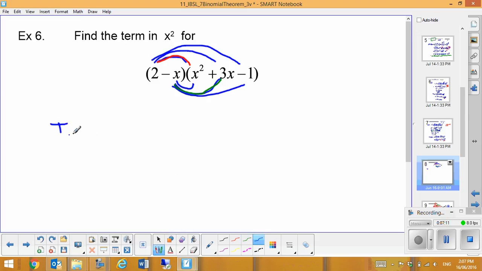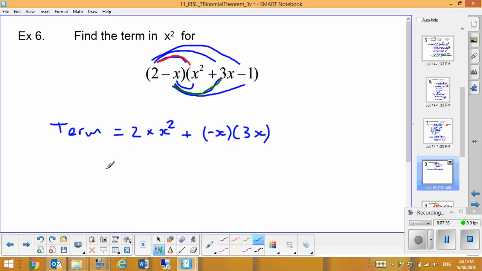So the term is going to be 2 times x squared, then we add those two terms, minus x times 3x.